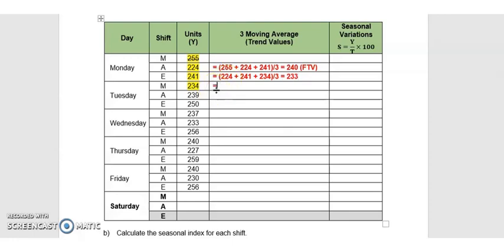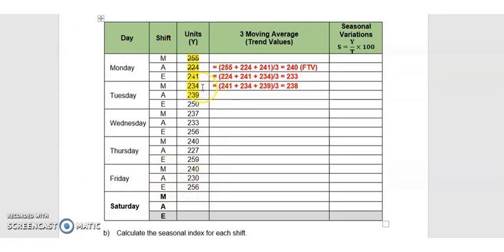For the third trend value, again you move one value and take another three values. So here it will be 241 plus 234 plus 239. Make sure you copy the data correctly. This one you will get 238. Continue until you total up the last three data, because we have three shifts.